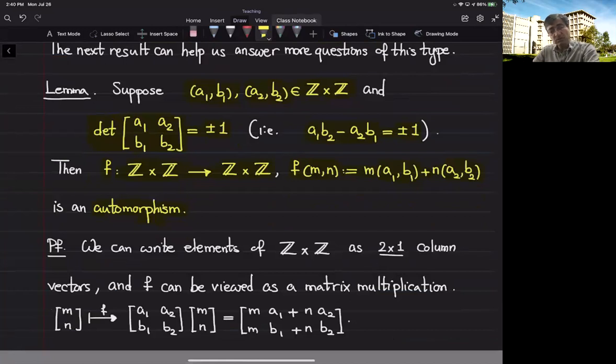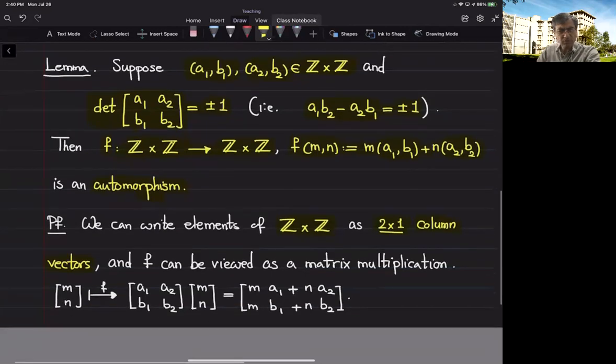Okay, the first thing that we do, similar to linear algebra, is view this function as a matrix multiplication. We are going to write elements of Z cross Z not as pairs of elements, but rather as 2 by 1 column vectors. So I'm thinking about Z cross Z as 2 by 1 column vectors.